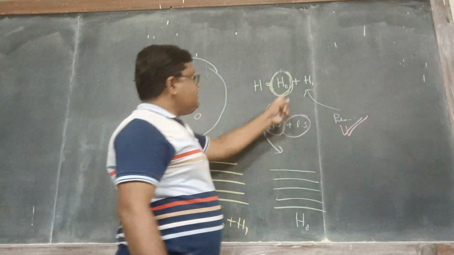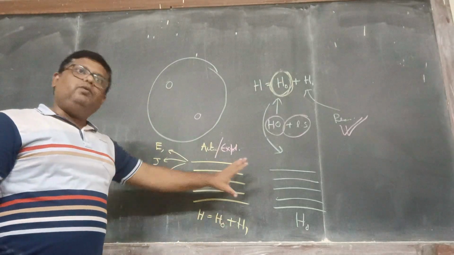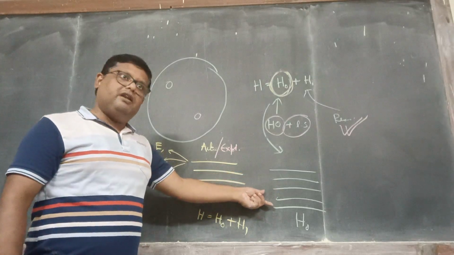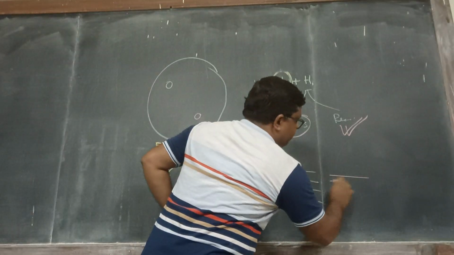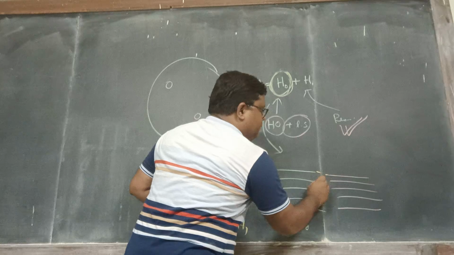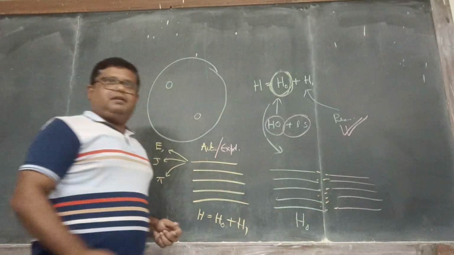Now, as a result of this residual interaction H1, there will be slight changes in these energy levels. This I have told you previously, right? They will not remain the same.